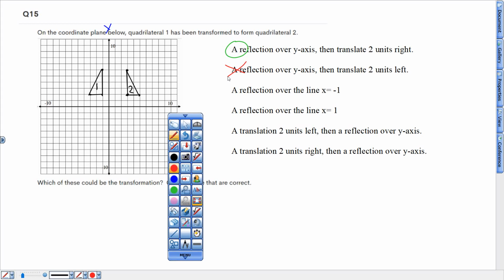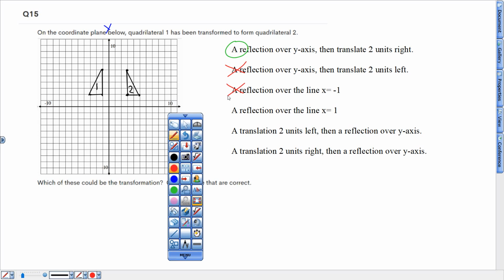A reflection over the line x equals -1. Here's -1 on the x-axis. The line x equals -1 is a straight up and down vertical line, and I could see that I did not reflect equal distance over that line. So that line x equals -1 is not one of my combinations.